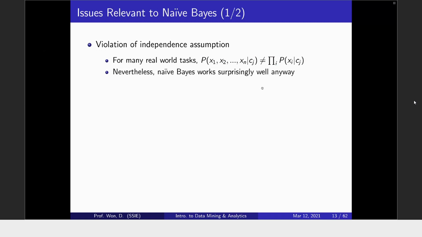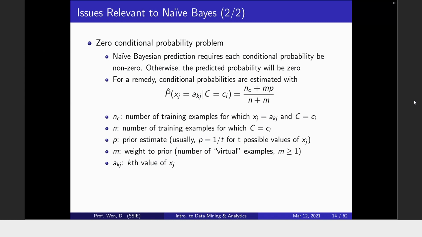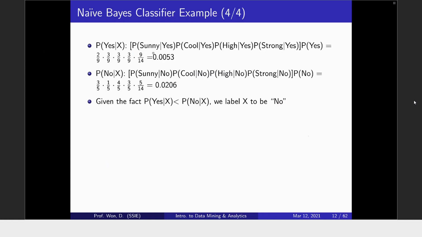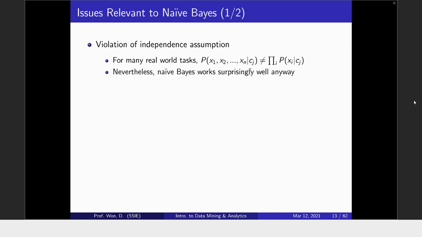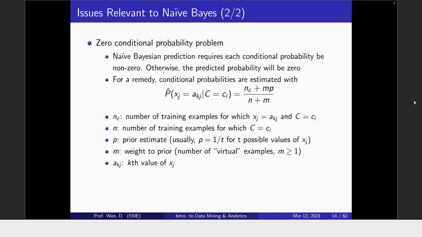Another issue is the conditional probability problem, for example in navigation predictions. Conditional probability should be non-zero, because we multiply multiple conditional probabilities. But what if one of the conditional probabilities is zero? Then the whole probability is going to be zero.